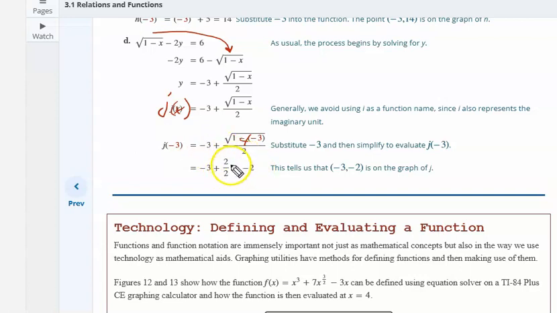And 2 over 2 is a 1. So this became a negative 2. All right. And again, the ordered pair, this is our y value, is a negative 2. Our x value is negative 3. All right, let's go on to our next part of this.